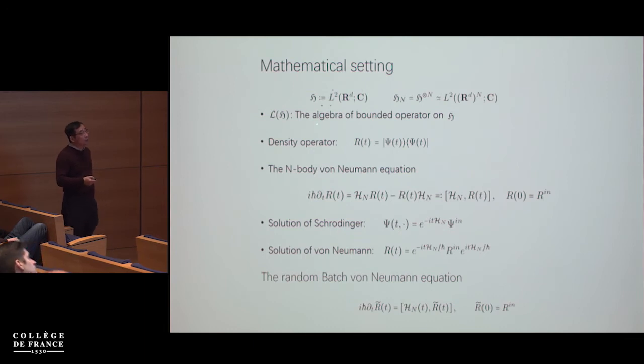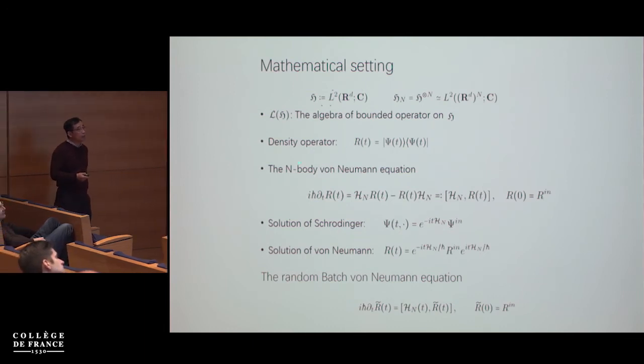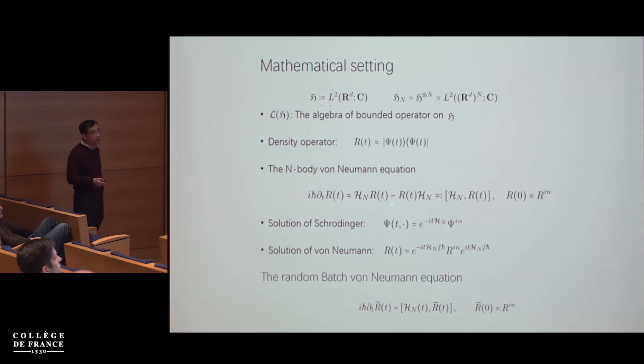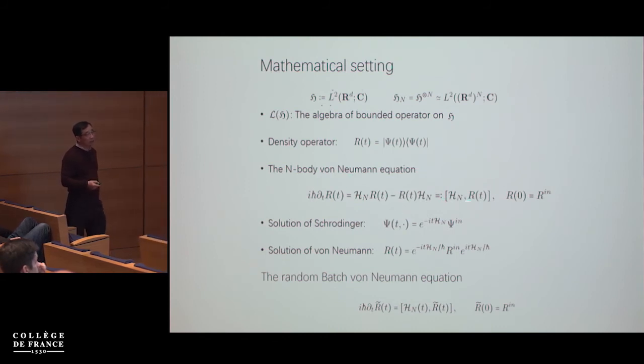This is basically the mathematical setting. We work on this L2 space with the density operator. If you use the density operator, then it solves the n-body von Neumann equation, where this bracket stands for the commutator. Of course, the original Schrodinger equation with the Hamiltonian can be solved analytically with this operator notation.